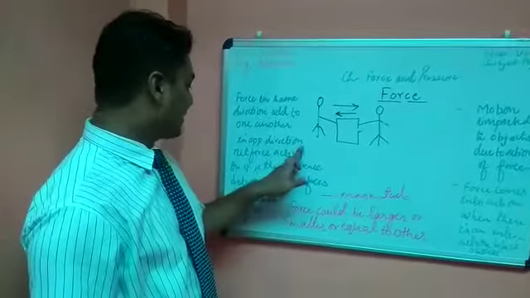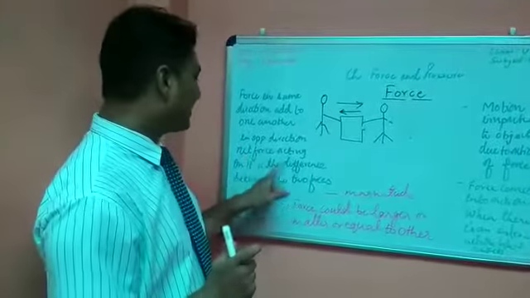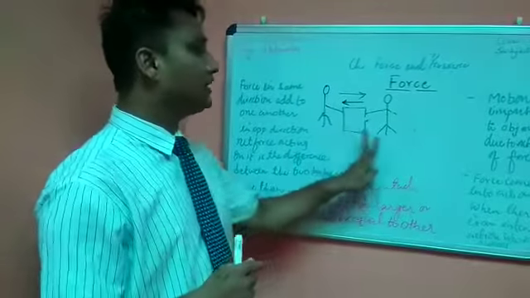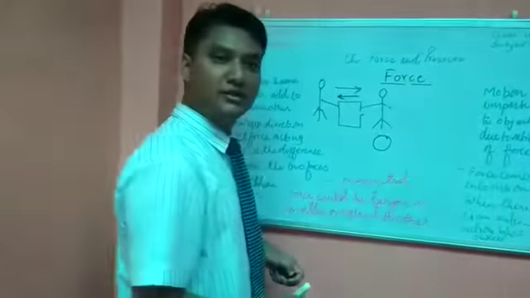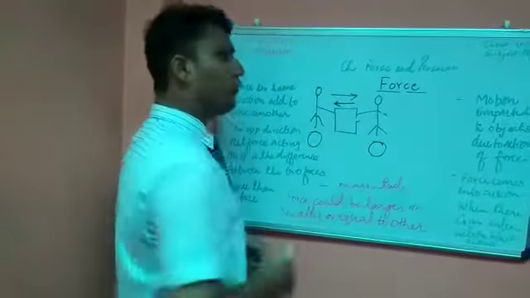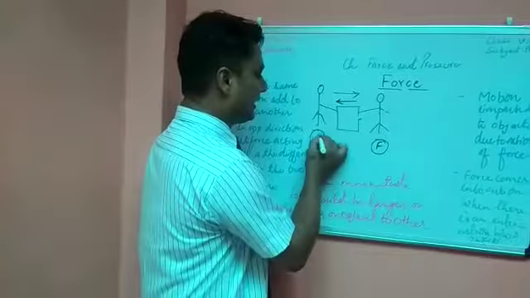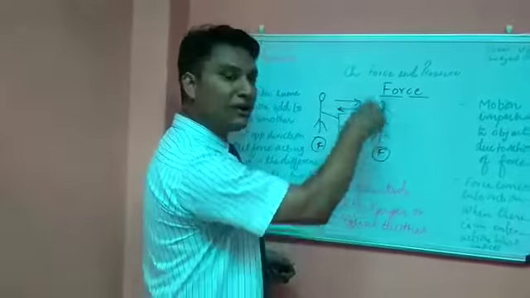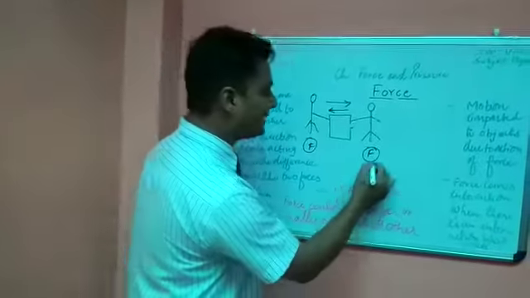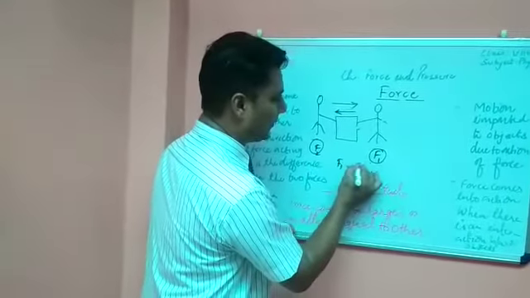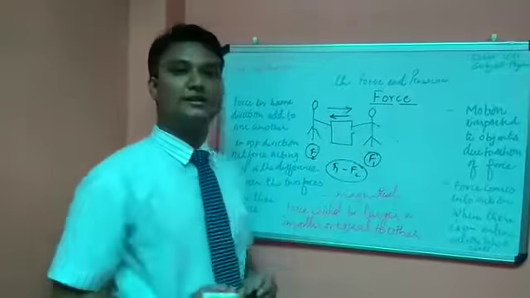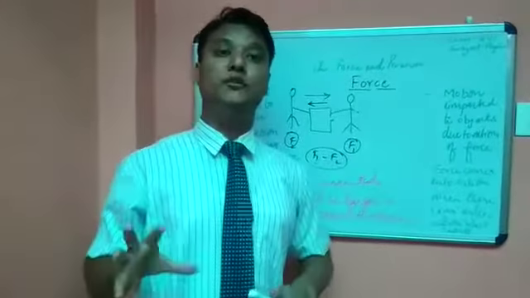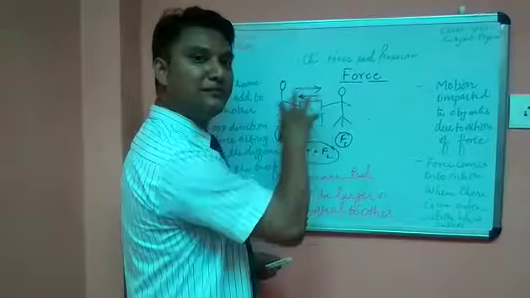Now in the opposite direction, the net force acting on it will be the difference between the two forces. The amount of force this boy applies and the amount of force this boy applies, how much force is being applied on this box, will be the difference between these two forces. So net force means the total force which is being given to this box.